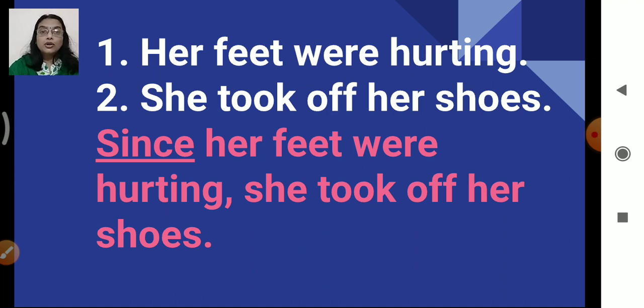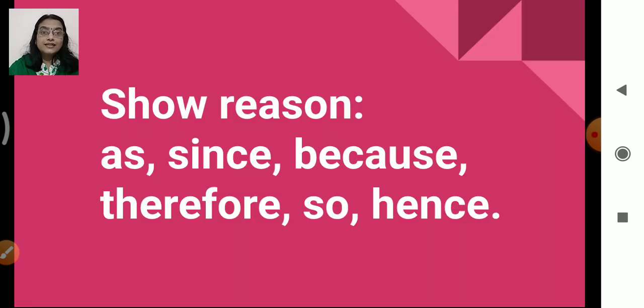So the words because, since, what do they show? Reason. Some other conjunctions that can be used to show reason are as, since, because, therefore, so, hence, right? So they show the reason why the action was taken.